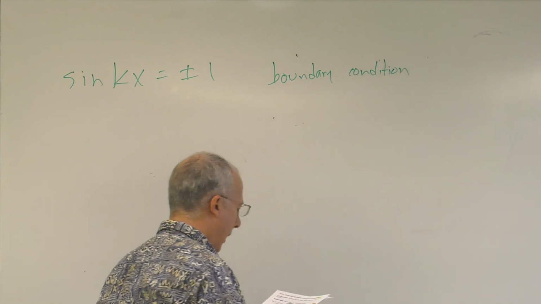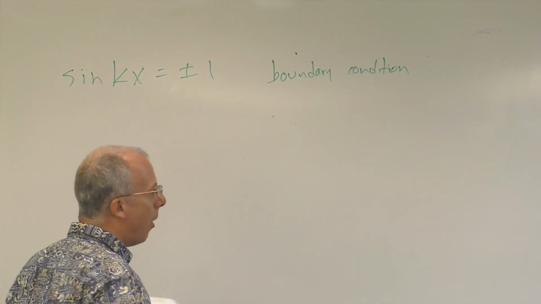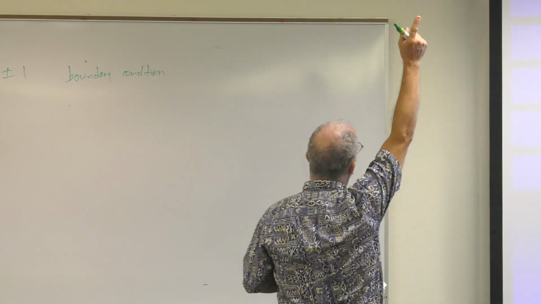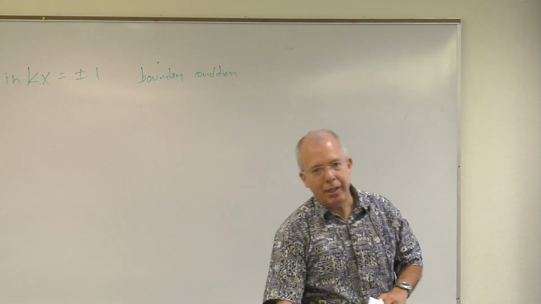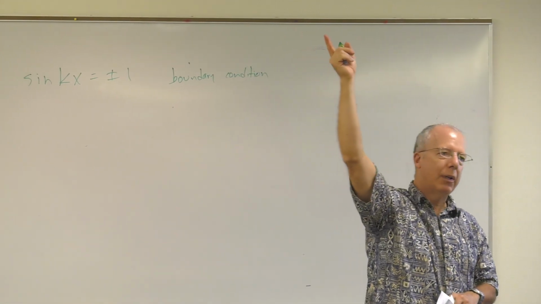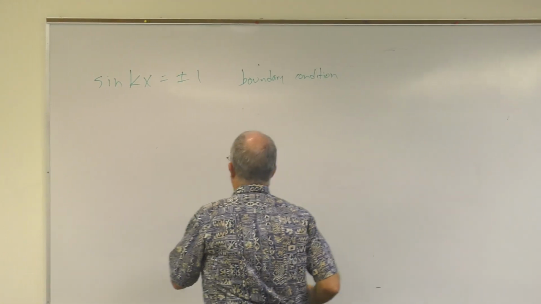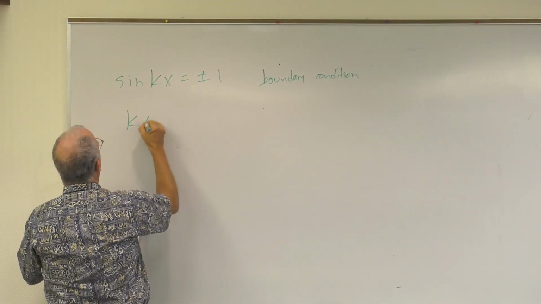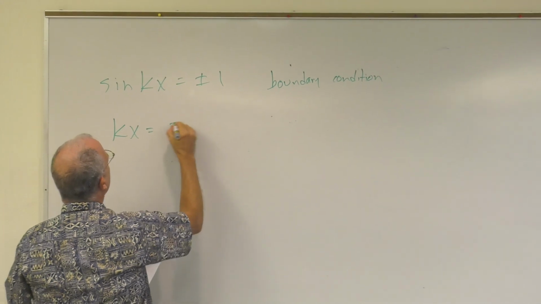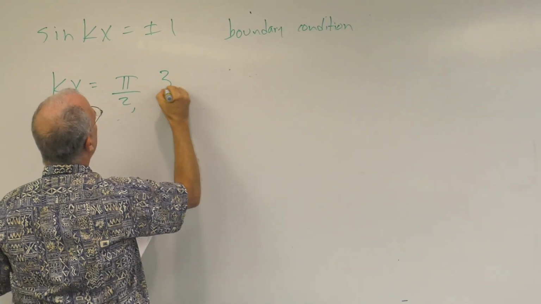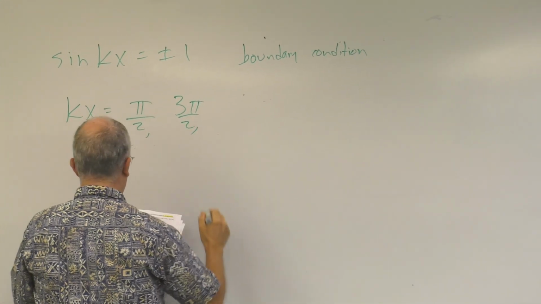All right. So we're going to do the same as before. Where is sine equal to 1? Well, 90, 270, and on. Pi over 2, 3 pi over 2, and just keep going. Therefore, we want kx to be pi over 2, 3 pi over 2, and so forth.